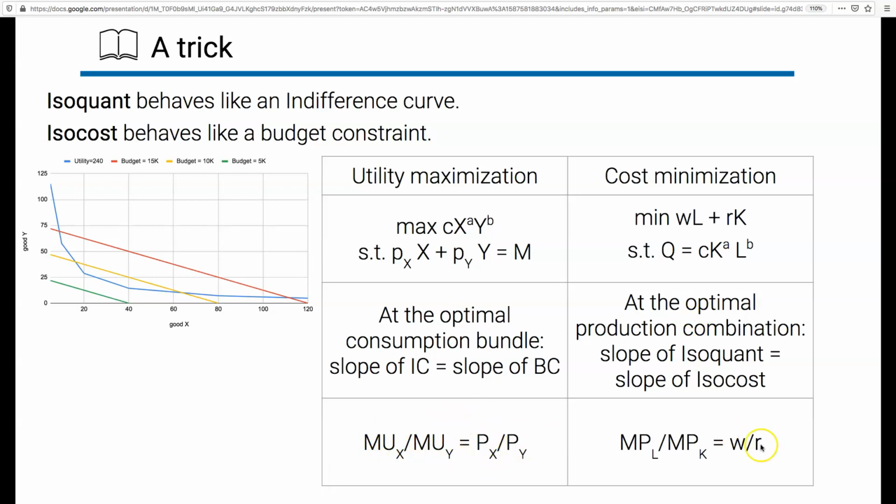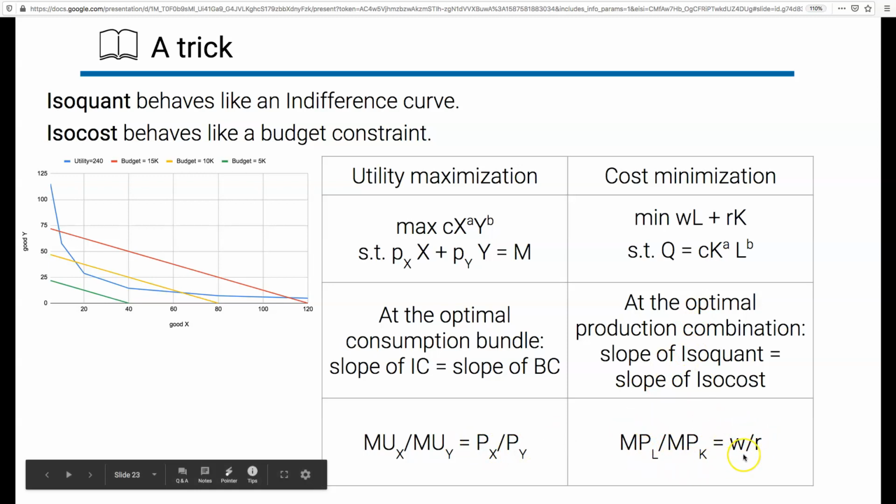And the same condition written down in the cost minimization world simply says that the marginal product of labor divided by marginal product of capital has to equal the price ratio. Because the isoquant is derived from a production function, we can talk about product rather than utility. And the price ratio is just the price per unit of capital and labor that you can hire.